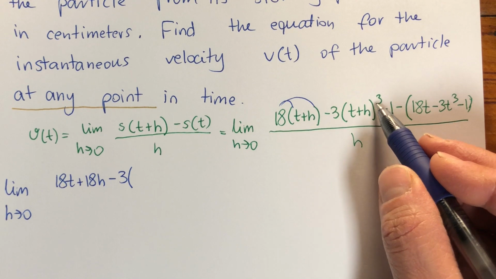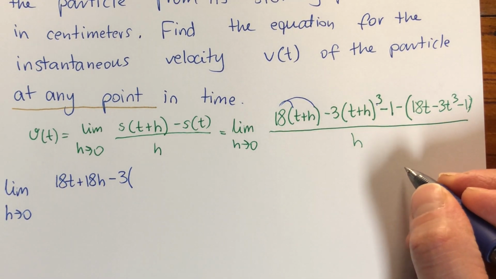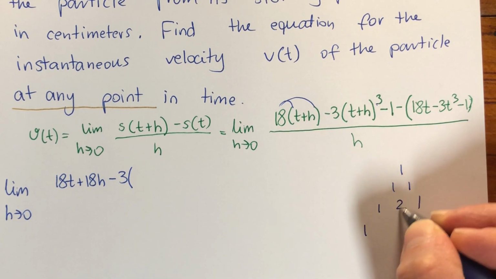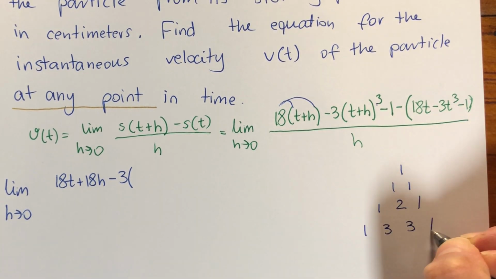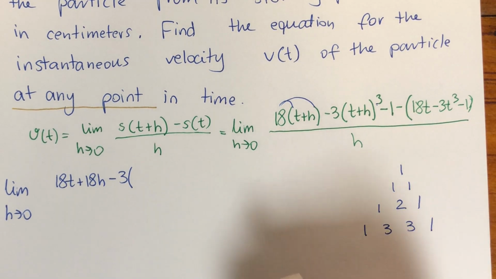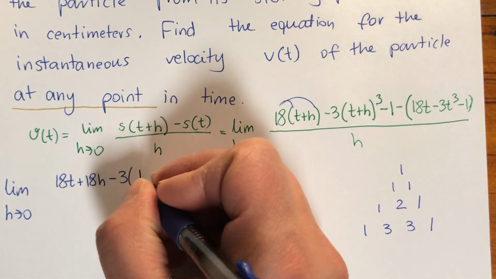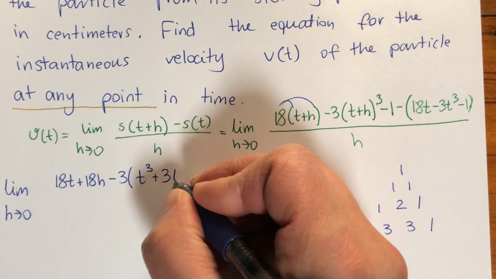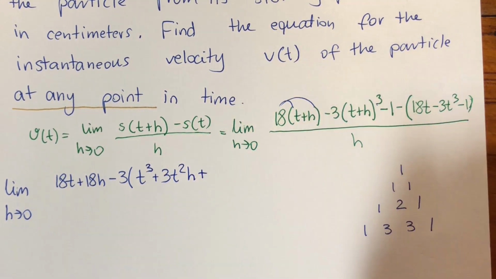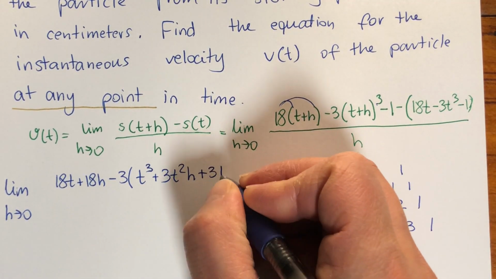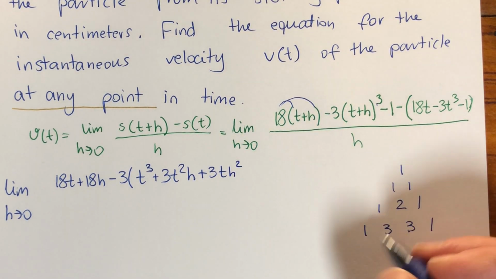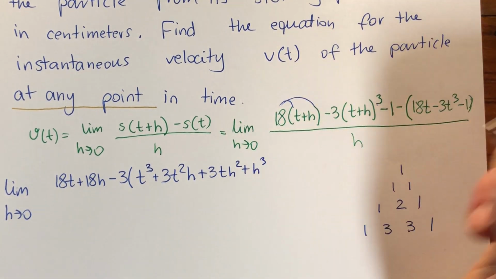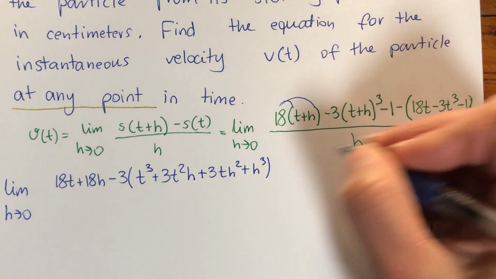And I know that if I am raising something to the third power, Pascal's triangle looks like this: 1, 2, 1, 1, 3, 3, and 1. So those are my coefficients. So t to the third plus 3t squared h plus 3th squared plus h to the third, minus 1. Well, minus 1 is going to be after the parenthesis.